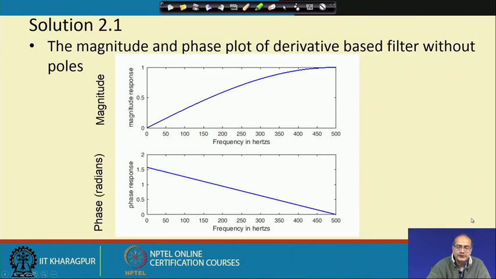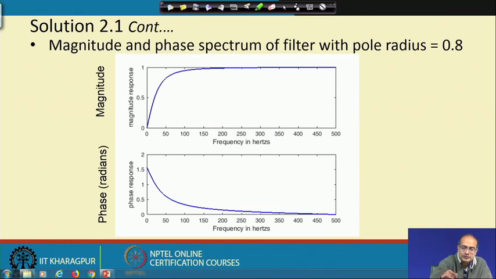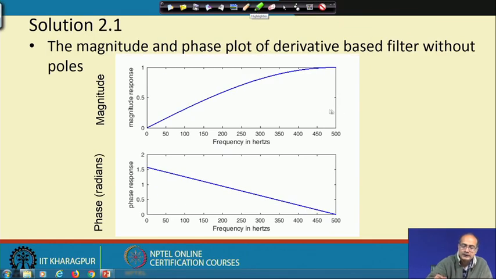First we start with the case where we do not have any poles. In this case, when there is no pole, we see that the increment of the magnitude with the frequency is pretty slow.